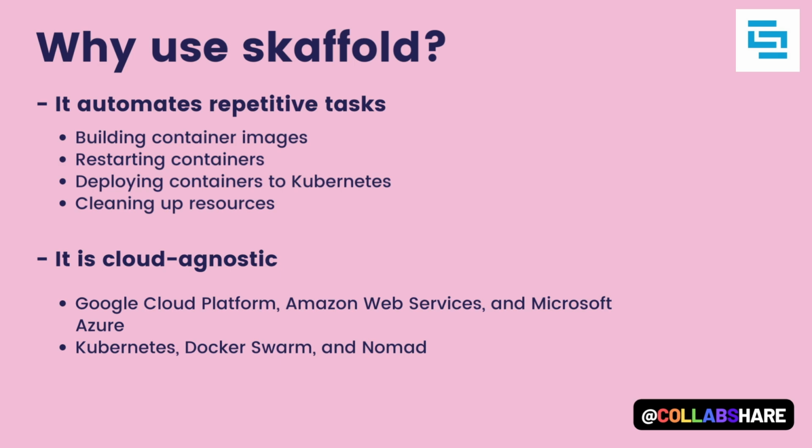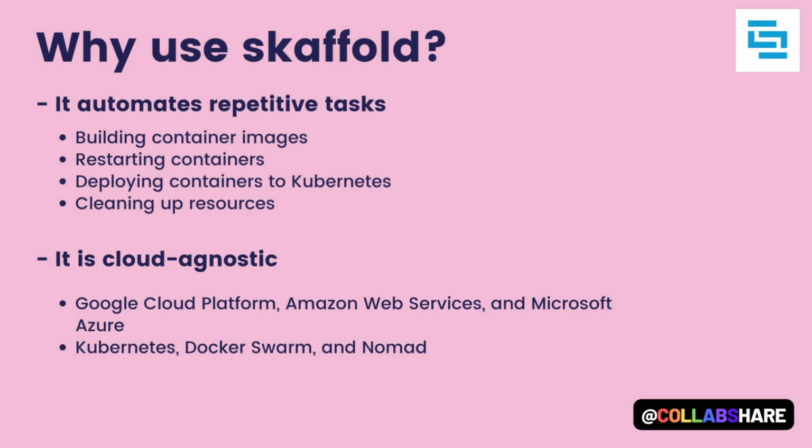Skaffold is a tool that abstracts away the specifics of the cloud platform or container orchestrator being used. This means that Skaffold can be used with a variety of cloud platforms such as Google Cloud Platform, GCP, Amazon Web Services, AWS, and Microsoft Azure, as well as with different container orchestrators such as Kubernetes, Docker Swarm, and Nomad.